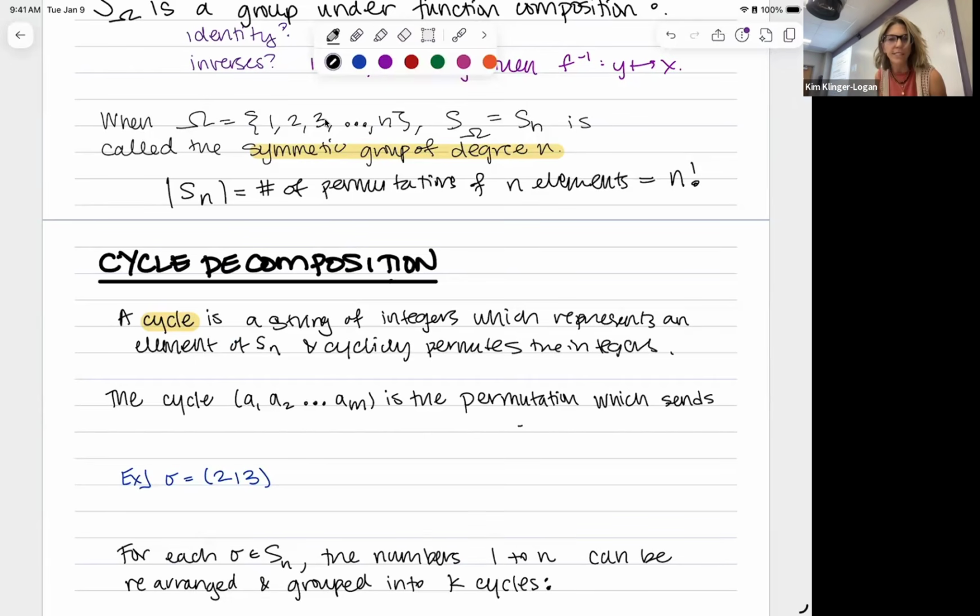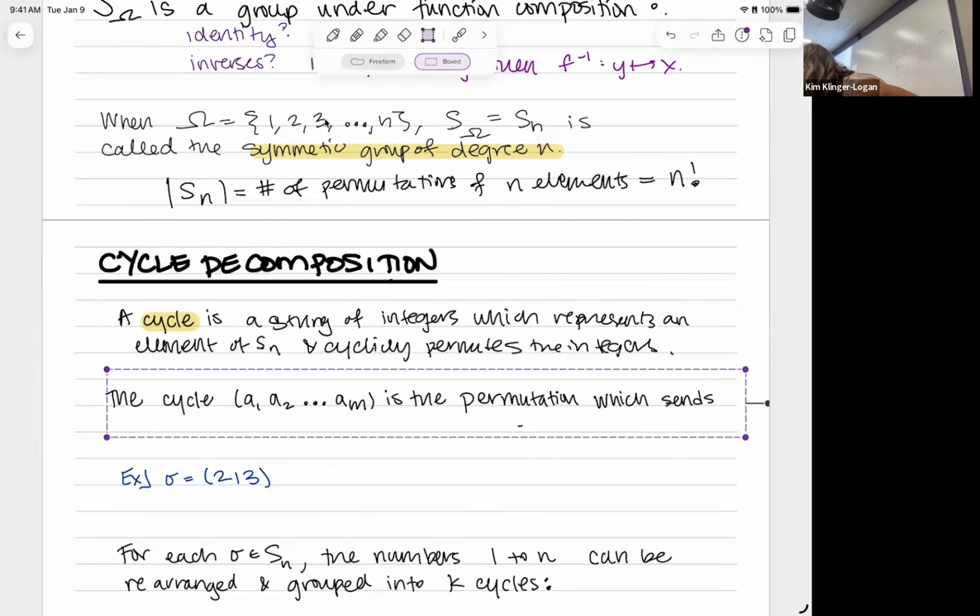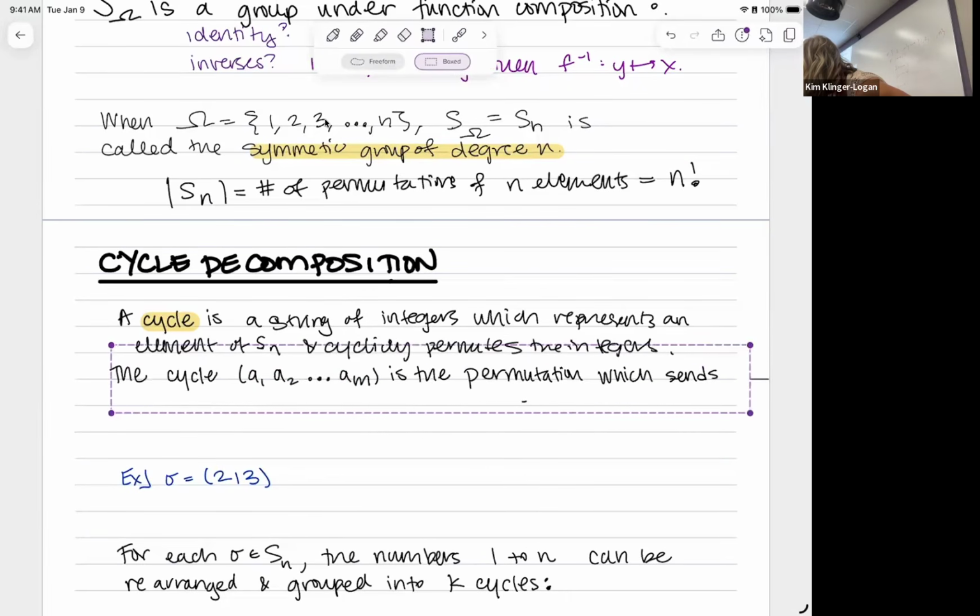Okay, so what does this look like? An example of a cycle is something like this, where a1, a2, all the way up to am are just examples of integers. So maybe this is 1, maybe this is 3, maybe this is 7, for whatever my set is here.